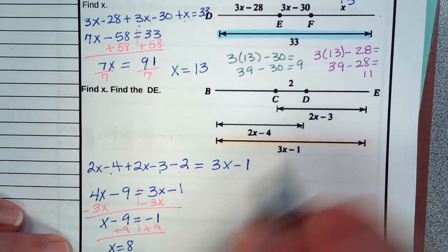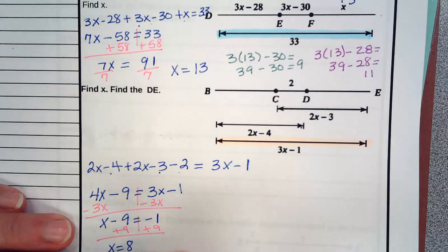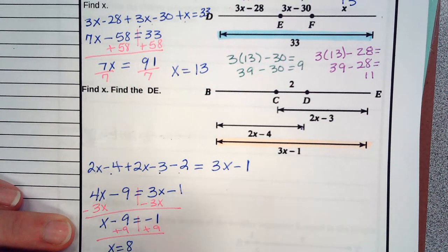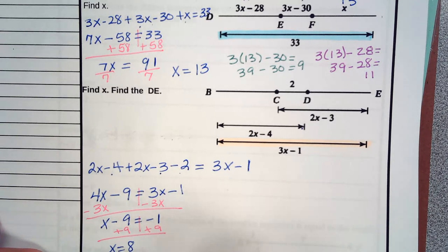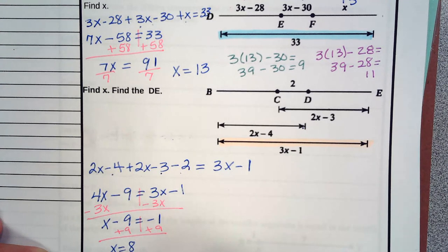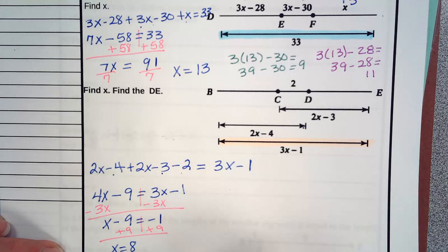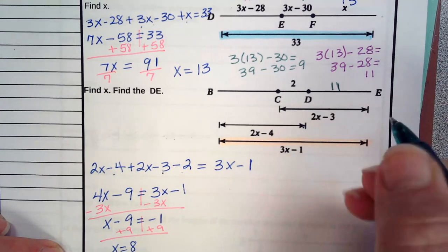It will be 2x, or 2 times 8. x is 8. Minus 3, and then minus 2 more. 16 minus 3 minus 2. 16 minus 3 is 13. 13 minus 2 is 11. So this piece would be 11.